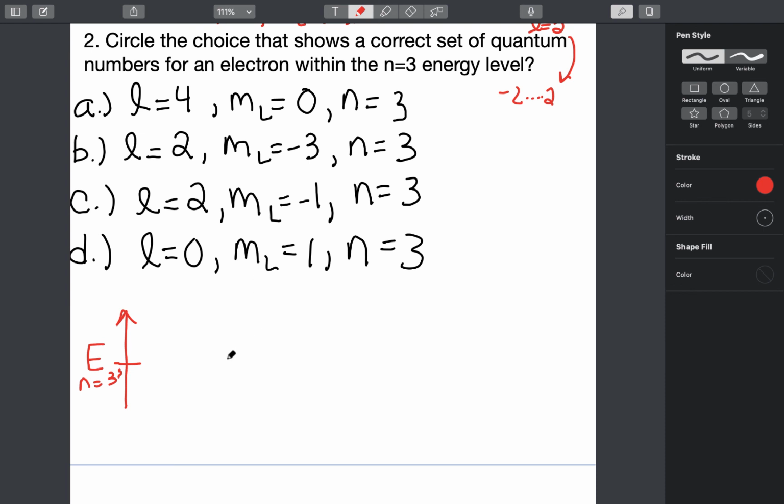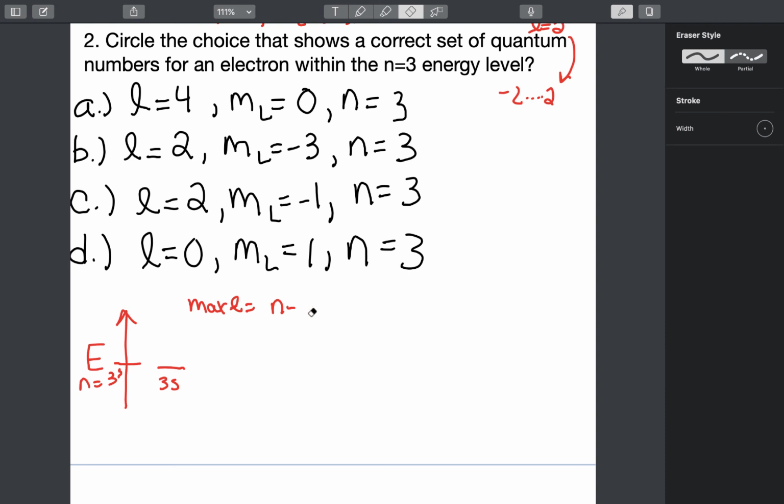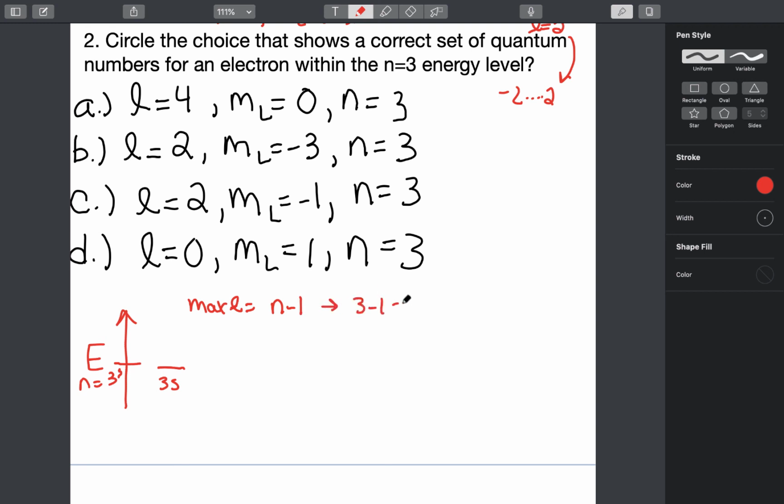So we always start off with 3s. So we get our 3s orbital because when we find out the maximum angular quantum number, so the max L, which is equal to n minus 1, so we do 3 minus 1, the max angular quantum number that we can get is 2.